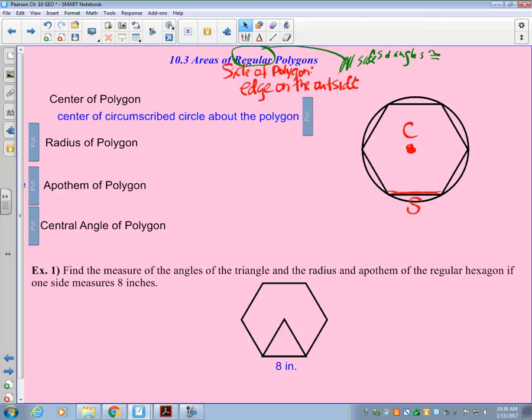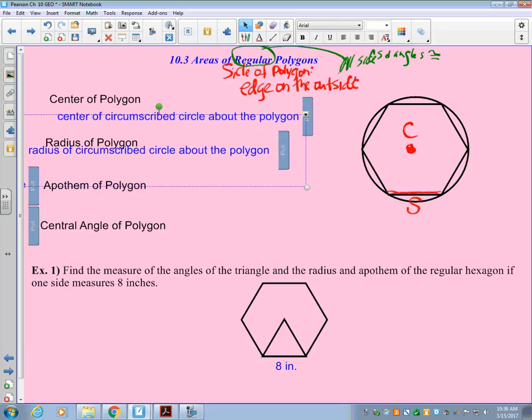All right, now the radius of a polygon, so we can put that in our notes. The radius of a polygon is the radius of the circumscribed circle about the polygon.